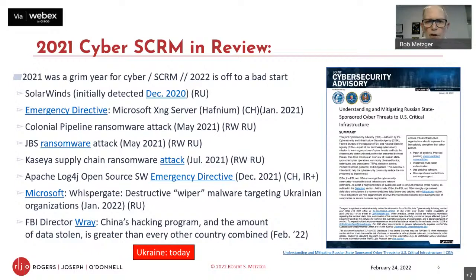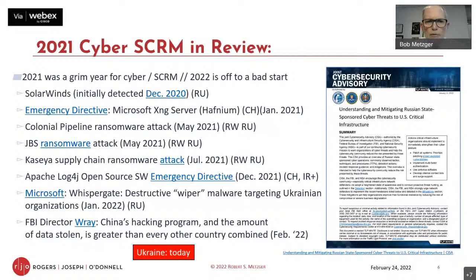SolarWinds was an astonishing event. This was an attack on the build cycle for the SolarWinds Orion software, which eventually enabled Russian intelligence not only to distribute malware very widely, but then to target precisely the organizations that it would then reconnoiter and select for exfiltration of information.